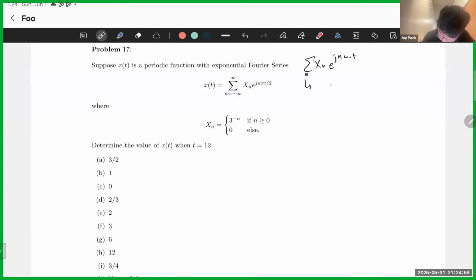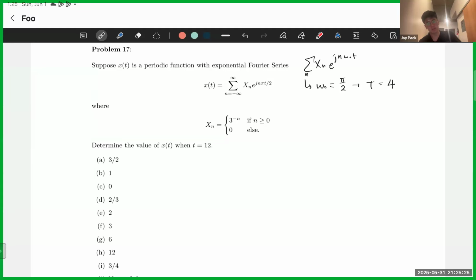This means that omega naught is equal to pi over 2, so the period is 4. First observation: our period is 4.